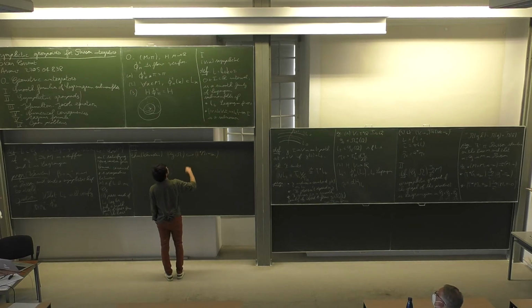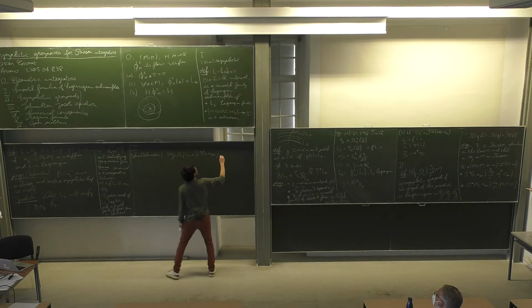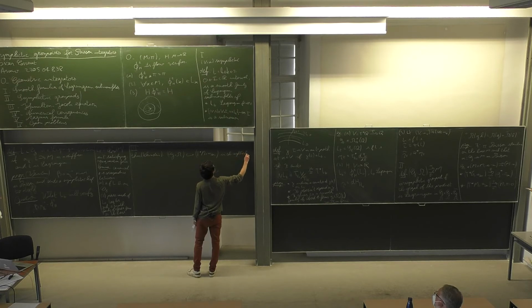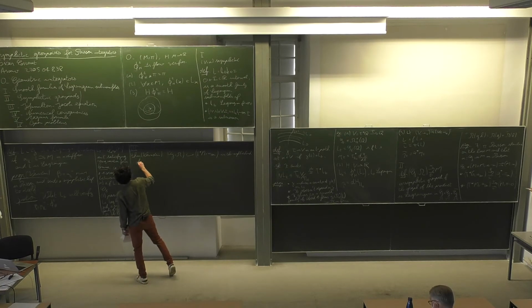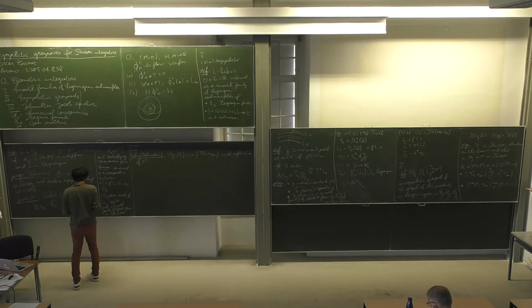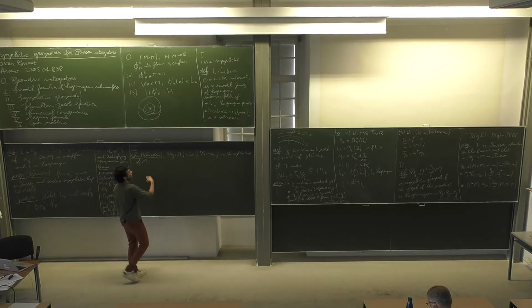Okay, this is in the neighborhood of M. And so from now on, we can assume G embeds in T star M.